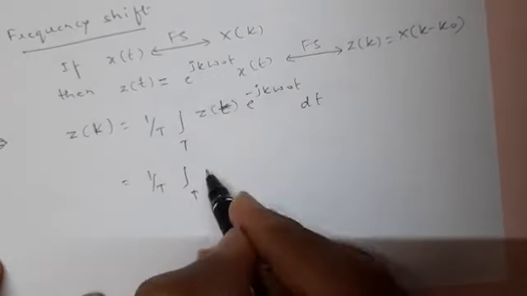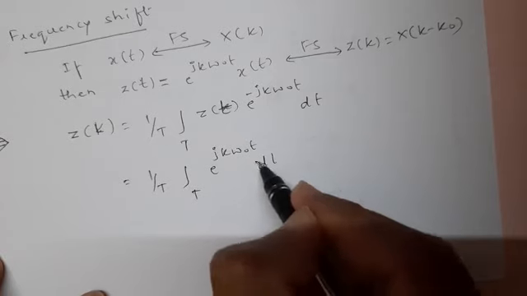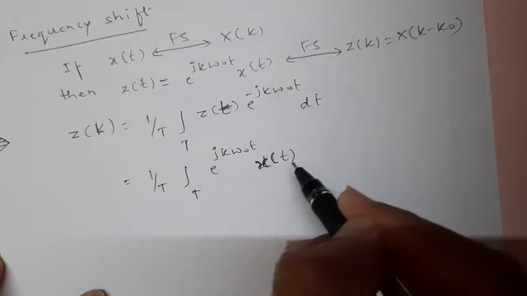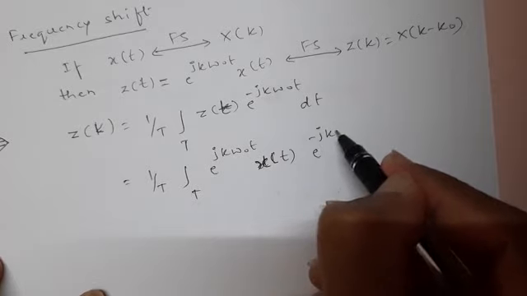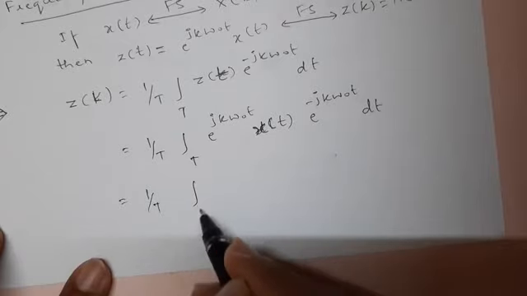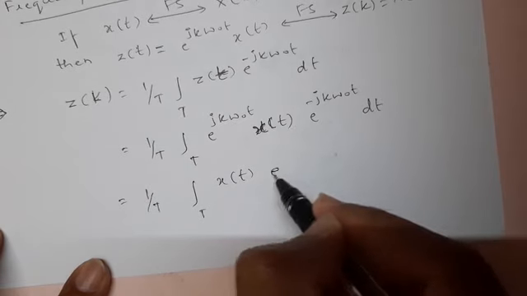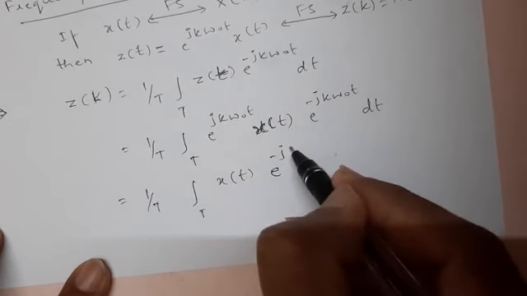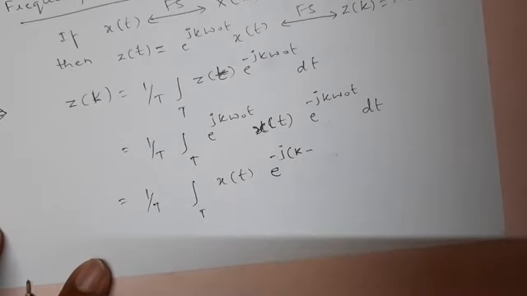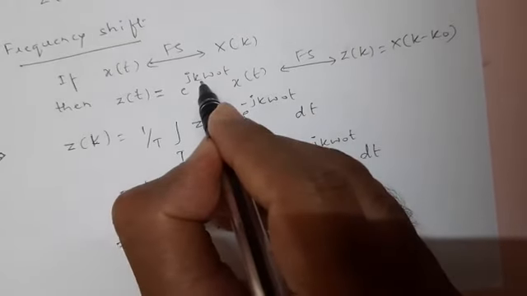Z of t is e to the power j k naught omega naught t times x of t, then e to the power minus j k omega naught t dt. 1 by T integration over T x of t and this, can I write it as e to the power minus j, k minus k naught, omega naught t dt. Since I already have k here, I should not get confused, so I will take it as k naught.